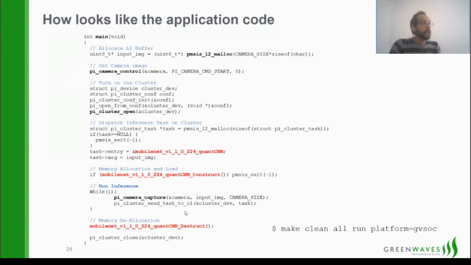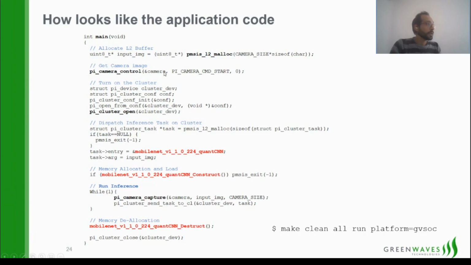If I can give an example, let's say that here we want to open a camera. We have a simple application which opens the camera, collects images, and runs MobileNet on them. We have some calls at the beginning, which allocate L2 memory for the input.